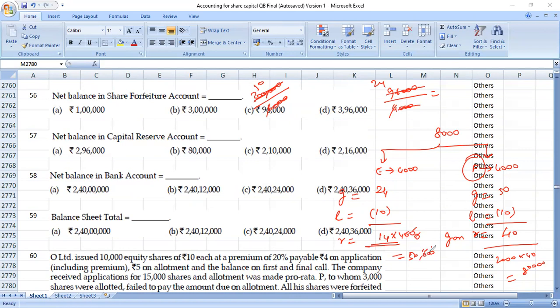3 lakh is a balance in forfeiture with respect to F shares. F oda share on the 6,000 shares cancel பண்ணா 50 வரும். So gain on forfeiture per share for F is 50. 10 கழிச்சா 40 வரும்.